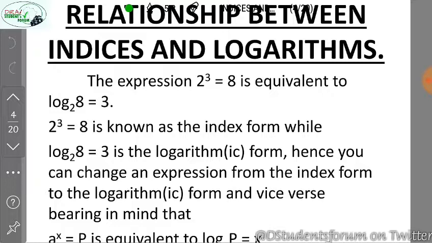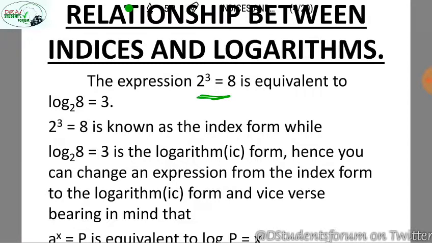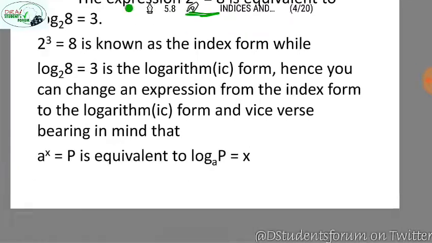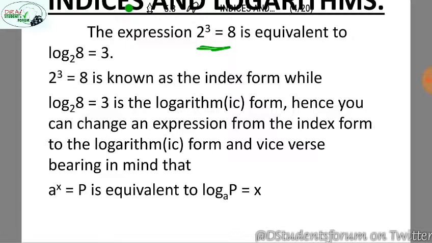Just like I've explained earlier, the relationship between indices and logarithm: when we have the expression 2 raised to the power 3 equal to 8, it is equivalent to log 8 base 2 equal to 3. The 2 raised to the power 3 is known as the index form, while log 8 base 2 is known as the logarithmic form. So we can convert an expression from its logarithmic form to an index form, and from the index form to the logarithmic form.